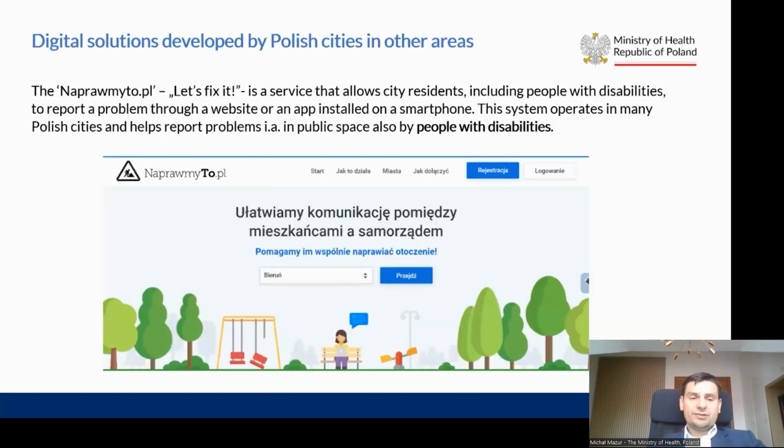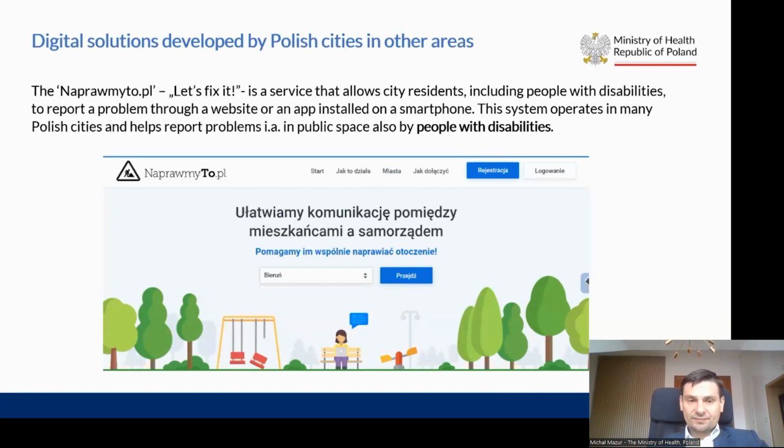I cooperate with the European Commission as a national jury member for the contest Access City Award 2024. And I want to show you 3 simple examples from Polish cities, examples of digital accessibility. The first one is Naprawmy to, Let's fix it.